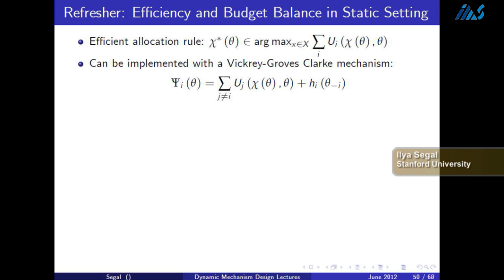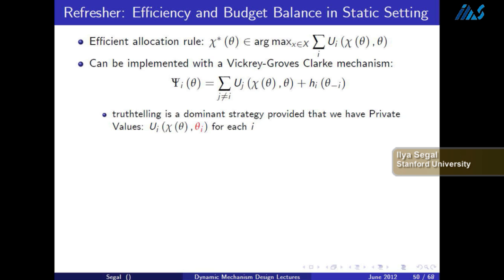Of course, there's one important assumption for this, which is the assumption of private values. So the utility of agent i depends only on his own type and does not depend on the types of the other agents. If there is interdependence of values, then in general you will not be able to implement efficiency. Sometimes you still can, but that's a different, more complicated problem.